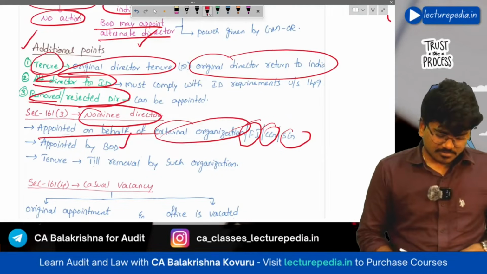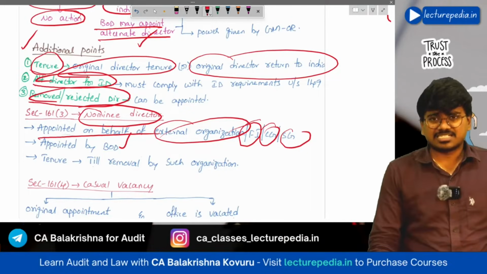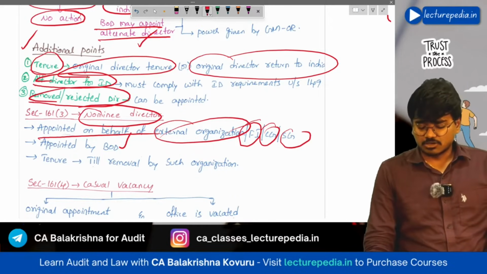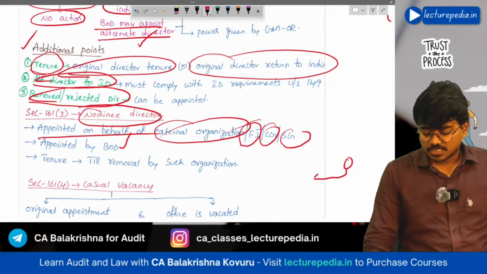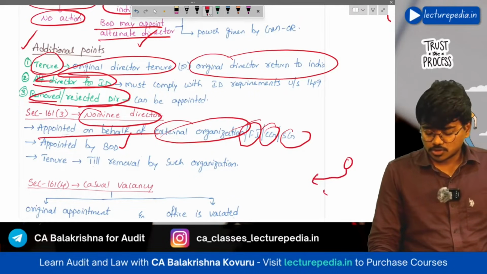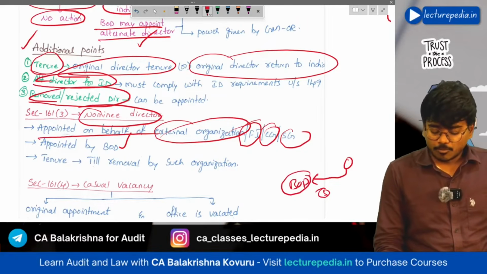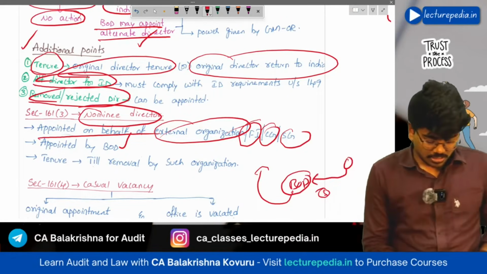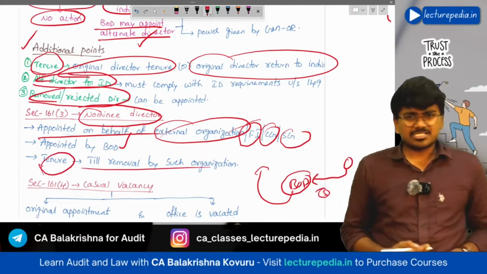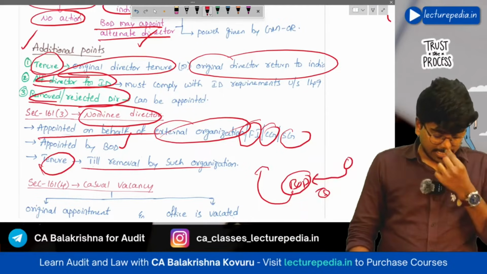Next, a nominee director will be appointed by the board of directors. Basically that external organization or the government will tell the board of directors that they want to appoint so and so person as nominee director, and the board will appoint that person as nominee director in their company, and the tenure will be till removal by such organization. That is simple. So this is about nominee director.